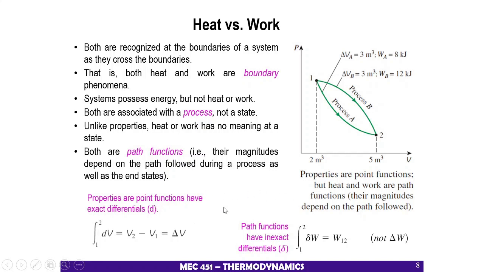Whereas path functions have inexact differentials. For work from 1 to 2, we don't have a change, we have work 1 to 2. So this is the difference between properties and path functions.